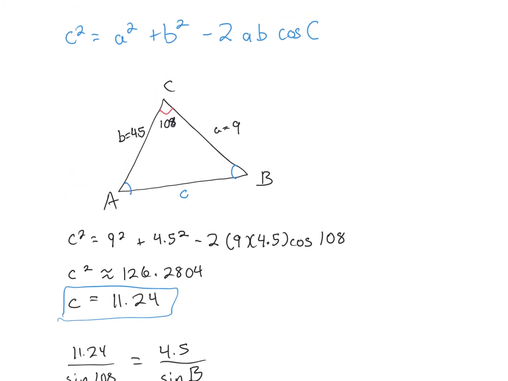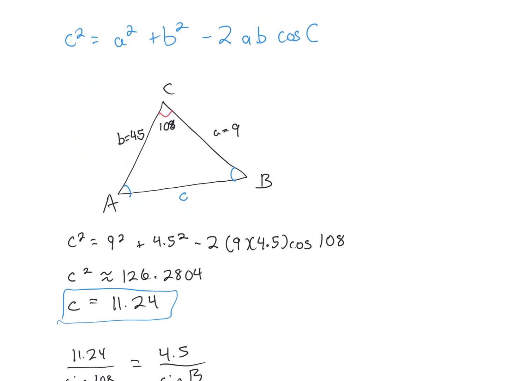So if I go back up here, this is 11.24, this is 22. Now I can use my triangle rule, so 180 minus 108 minus 22, and that will give me A, and A is 50 degrees. So angle A is 50 degrees.